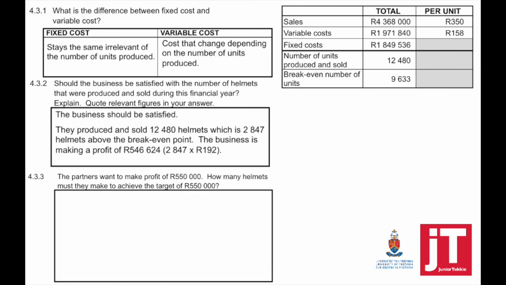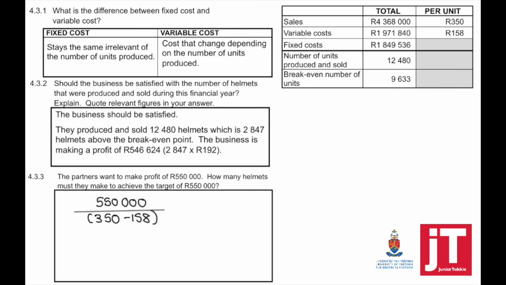Number 3, the partners want to make a profit of 550,000. How many helmets must they make to achieve the target of 550,000? So to find this, we're going to look at the profit which they want to make, 550,000, and we're going to divide it by the contribution per unit.